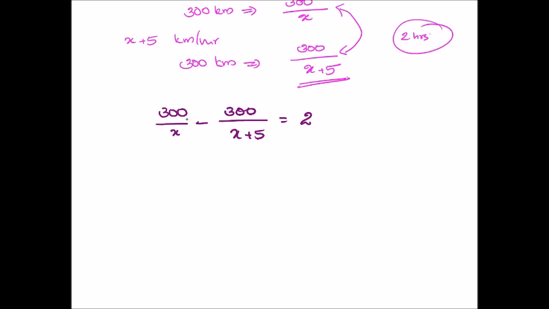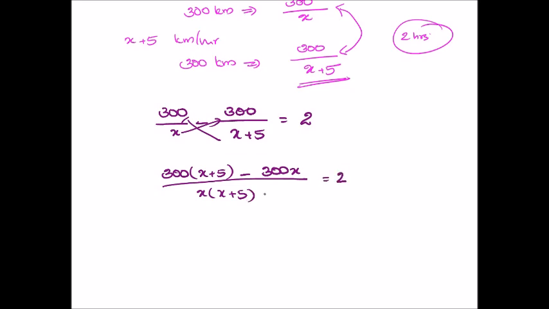Now solving by cross multiplying, this is 300 into x plus 5 minus 300x, the whole divided by x into x plus 5, is equal to 2. Again, 300x plus 300 into 5, 1500, minus 300x is equal to 2 into x plus 5.